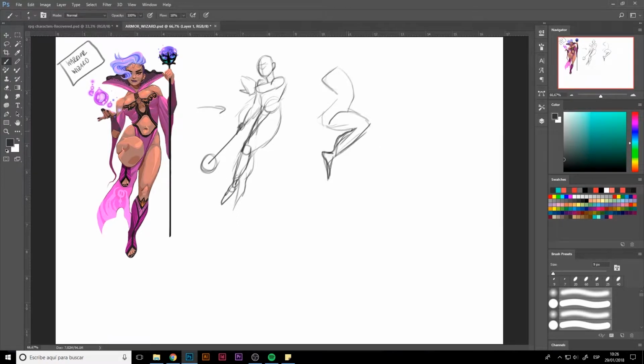And the next one, we're going to have a person in another position that's in movement, maybe an attack. So our hand's going to be in front of her face. We can see that the action line is still curved. We're looking for that balance with the staff that we just gave her.